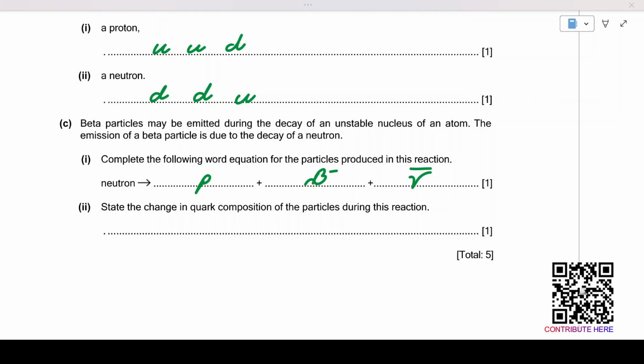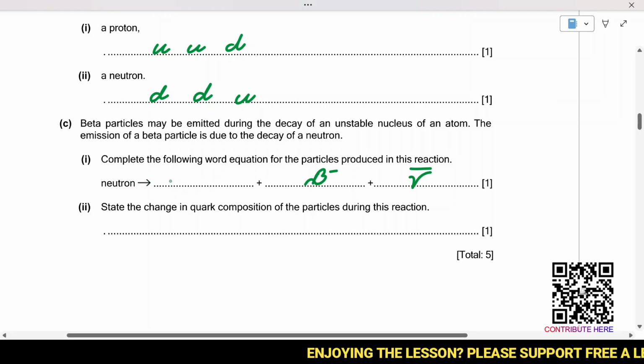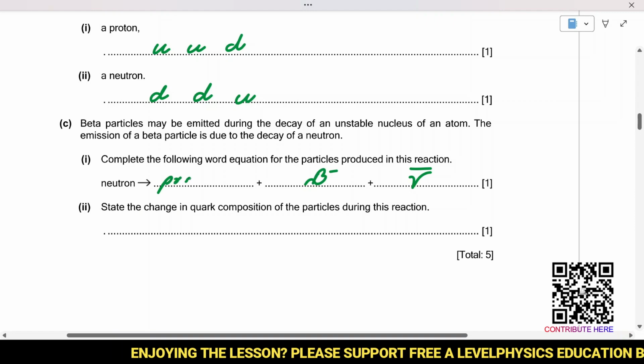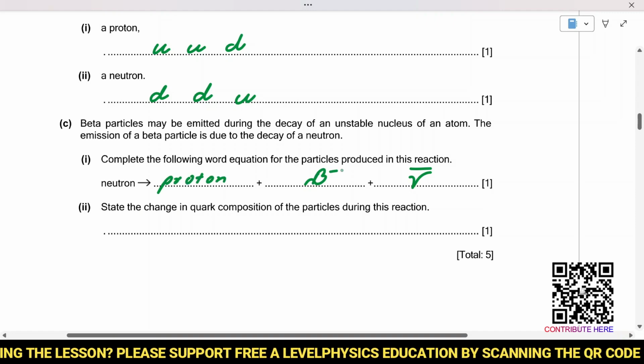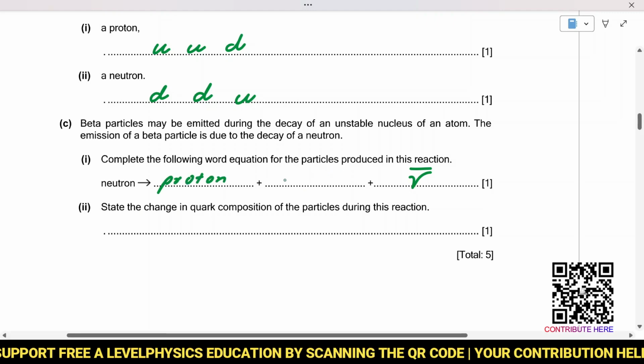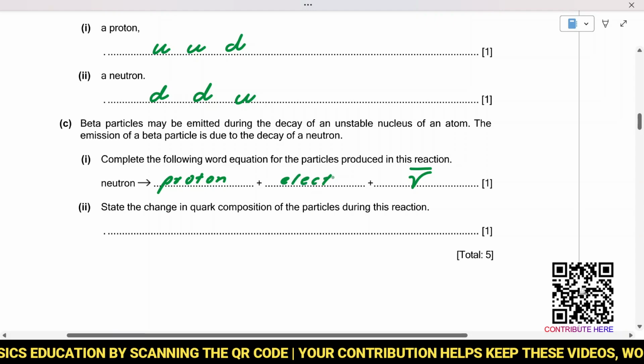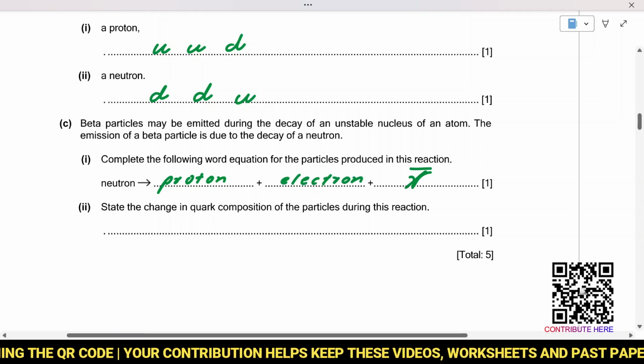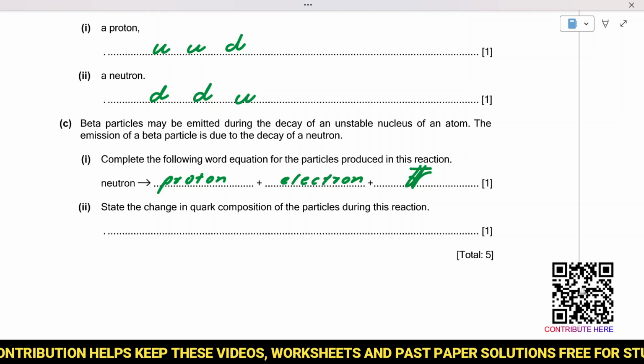So that is the equation. Since they have written the word equation instead of symbols, I'll write proton, beta negative, which is the same thing as electron, they are fast moving electrons, and antineutrino.